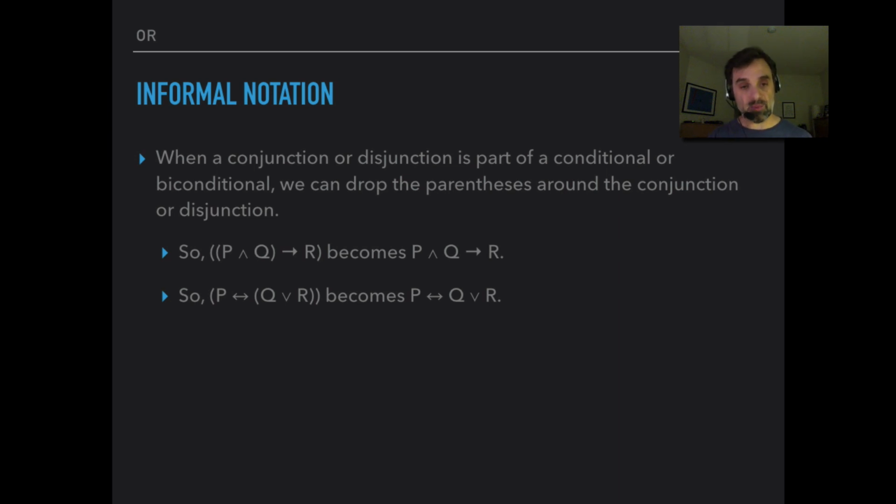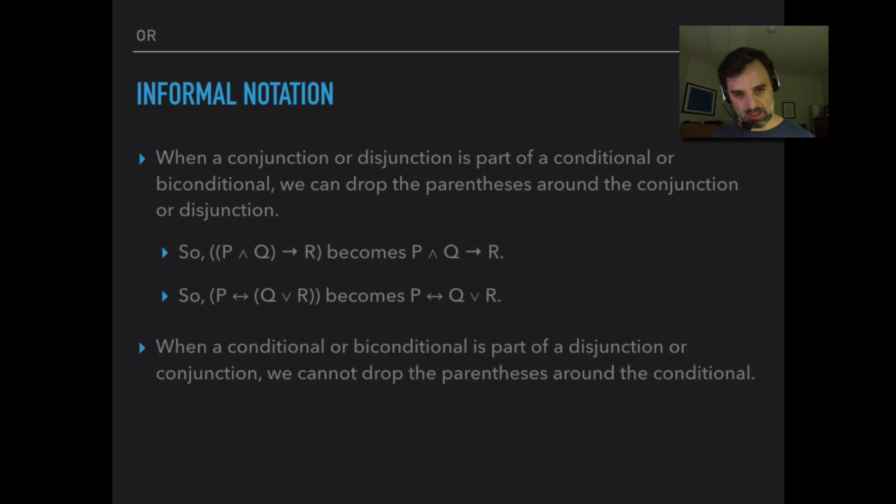So if we have parenthesis P, biconditional, parenthesis Q or R, parenthesis, then we can drop the first external pair of parentheses because they're not doing anything, and then we get to drop the pair around the OR, just the same as we got to drop the pair around the AND in the previous example. So the parenthesis dropping is just the same.